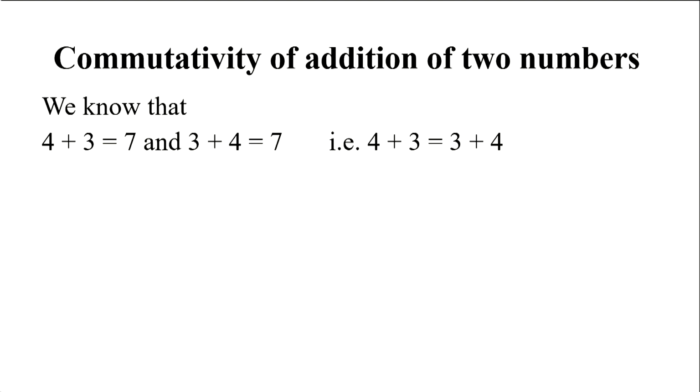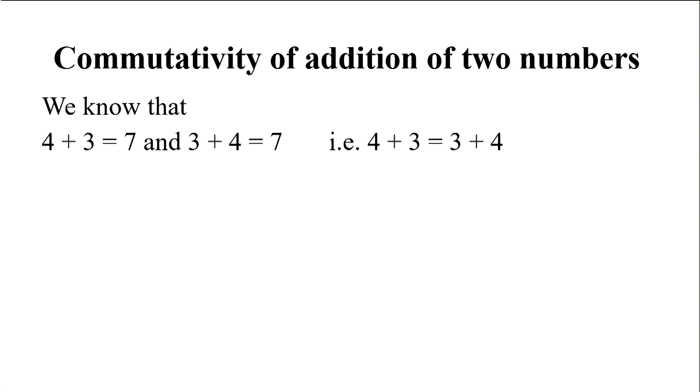As you all know that 4 plus 3 is equal to 7 and also 3 plus 4 is equal to 7. That is 4 plus 3 is equal to 3 plus 4. So, if you are going to add any 2 numbers by interchanging them, we will get the same sum.